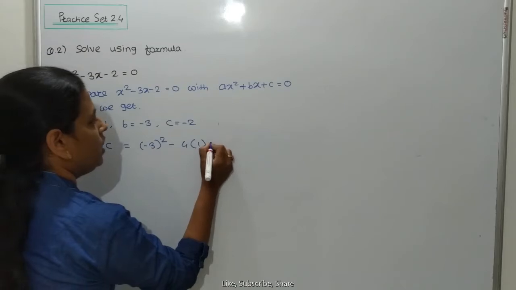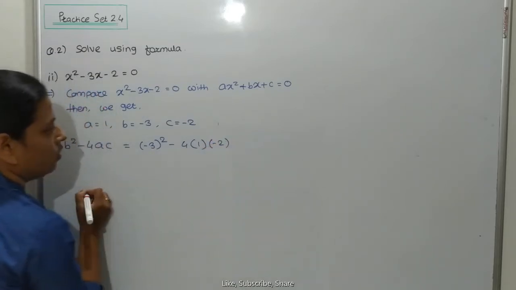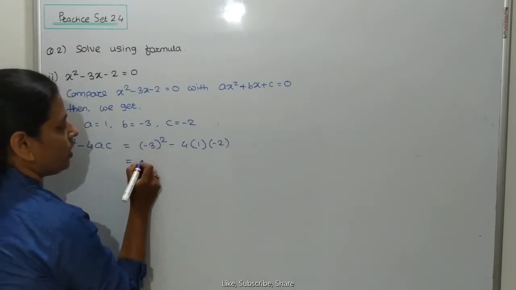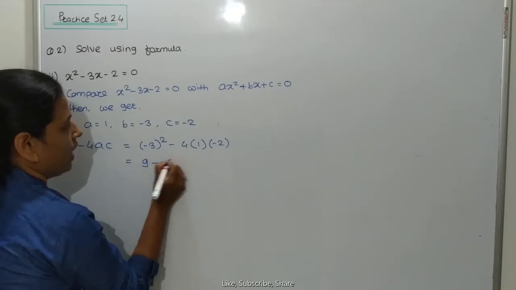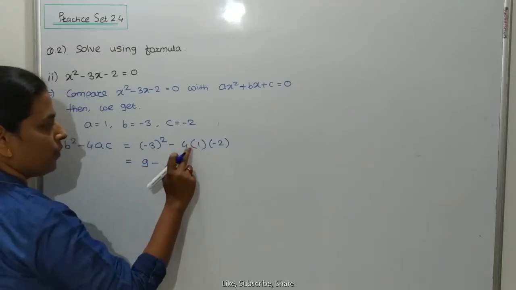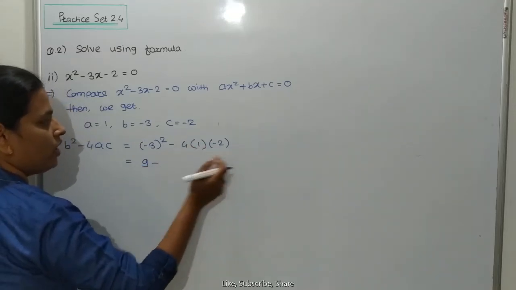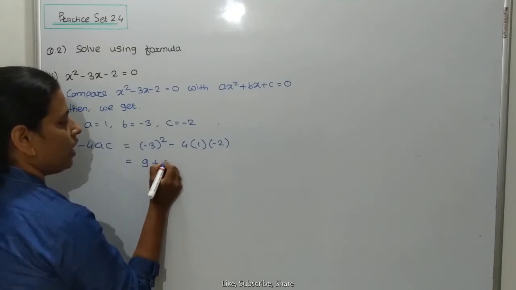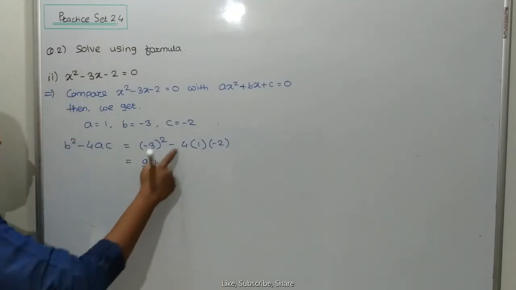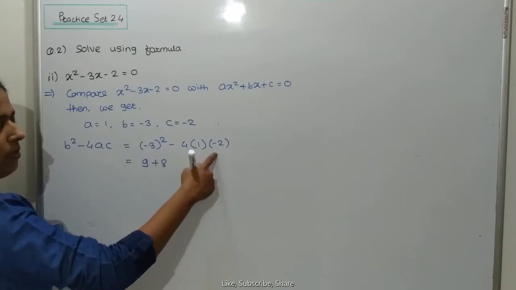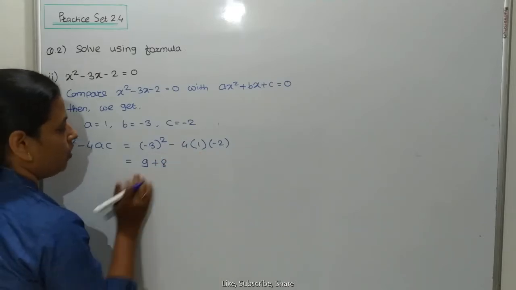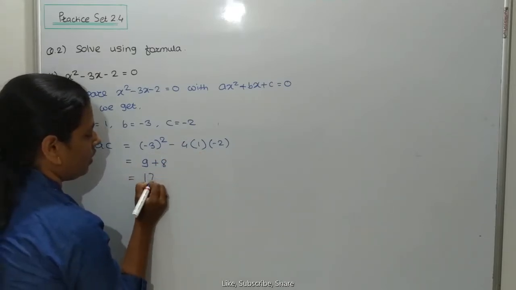What is the value of c? Minus 2. Okay. So minus 3 square is plus 9. Minus 4 into 1, 4. Minus 4 into minus 2, that is plus 8. Understand this one? When you multiply minus 4 with minus 2, you have to get plus 8. Okay. Now this one is 17.